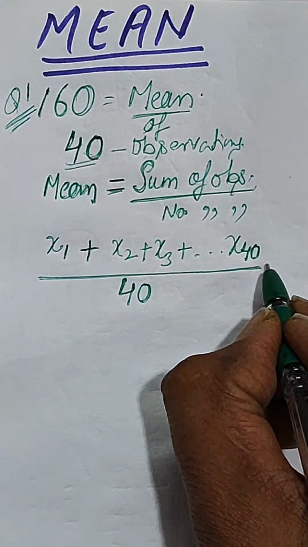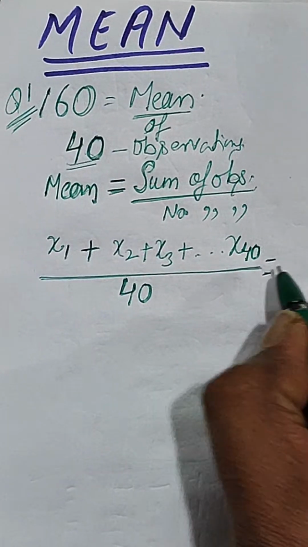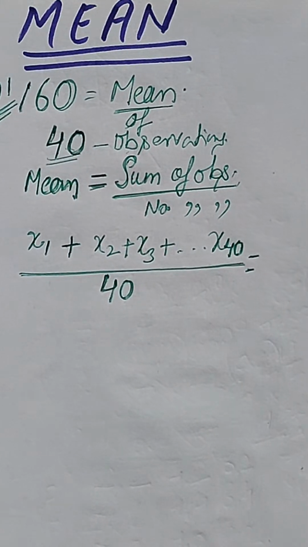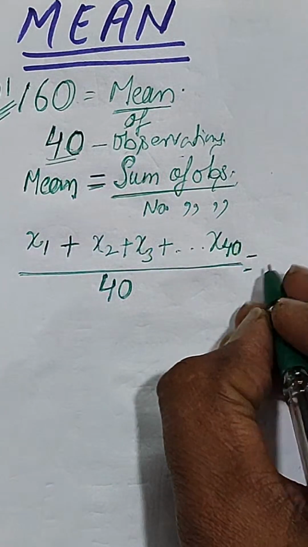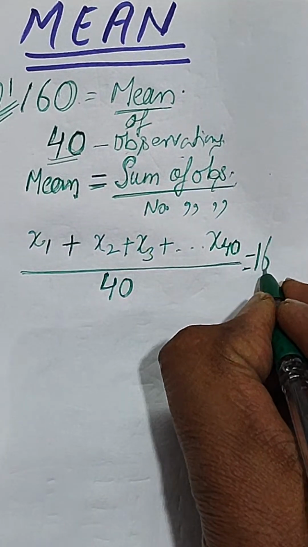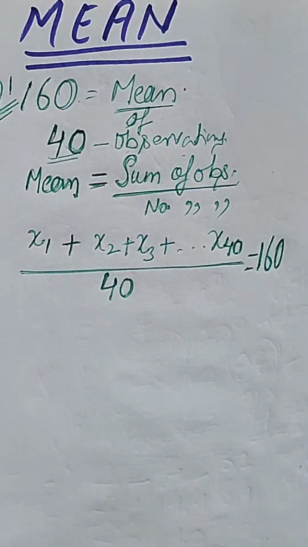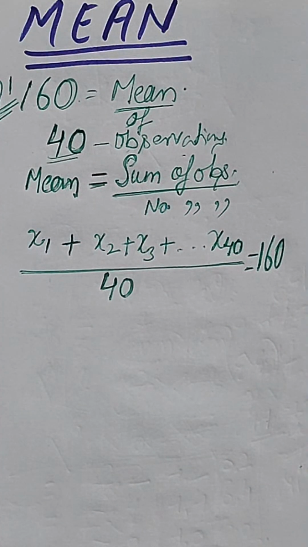When you divide it, you get the mean, which is equal to 160. This is given to you.